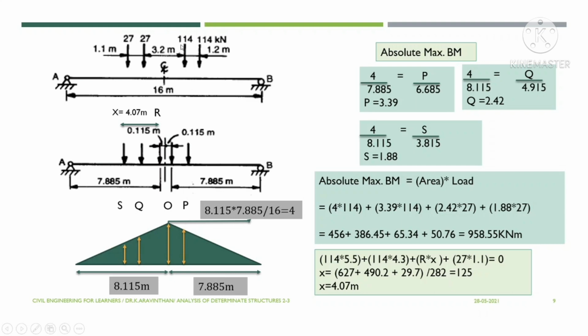You will be getting the value of 282 as the resultant. So now you know the value of R, the only unknown is X. So take everything outside this equation and divide it by R. I will be getting X as 4.07 meter.